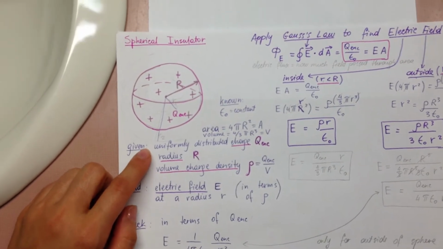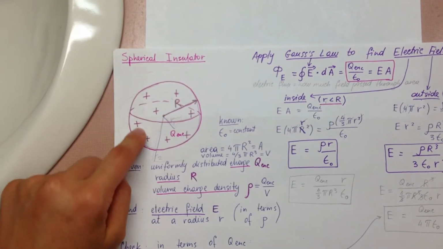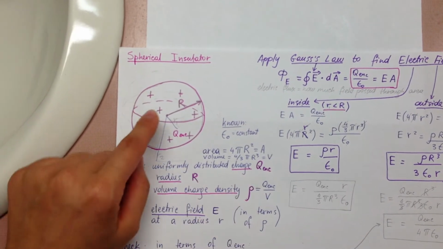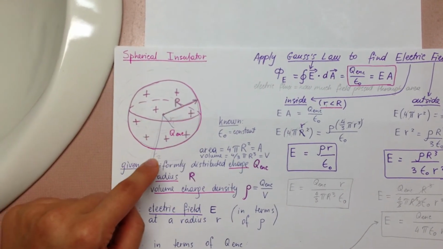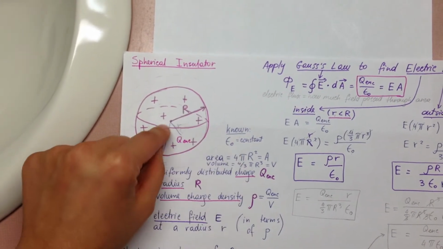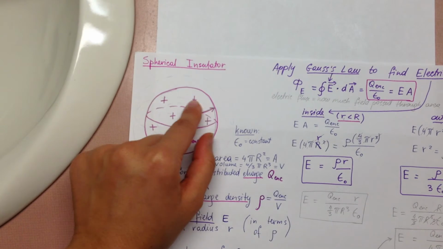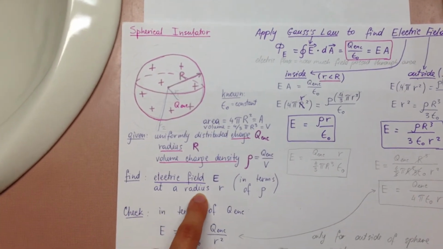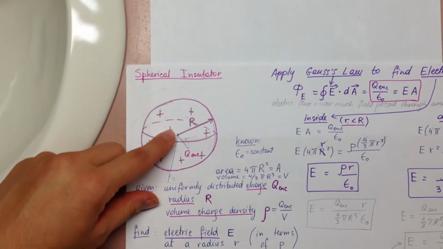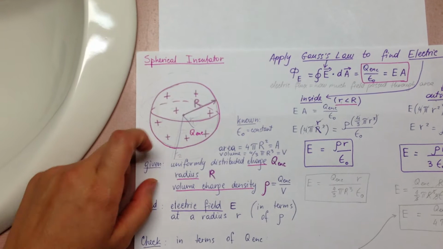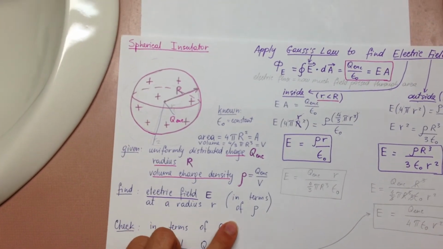Given that the charge is uniformly distributed in my pluses, and it's Q enclosed, with the radius R of the sphere and the volume charge density, which is basically the charge over the volume, is rho. We're going to find the electric field E at a certain radius, either inside or outside of the sphere, and we're going to write it in terms of rho.